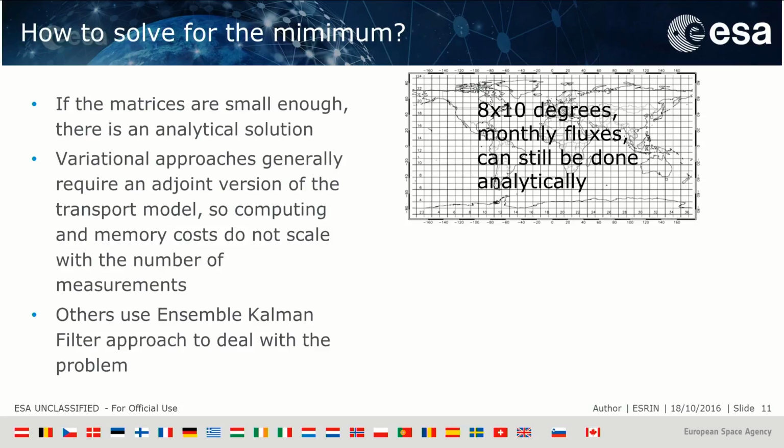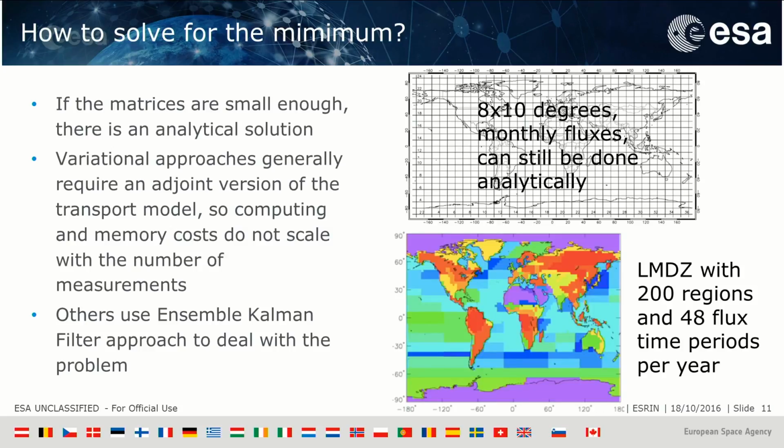So if you have a lot of measurements, an adjoint is saving you a lot of computational time and space. But this also means you have to have an adjoint of your model. Others use something like the ensemble Kalman filter, where you don't necessarily need an adjoint, but you have to have many, many forward iterations to create this ensemble. This is another example of one that is solved with an analytical solution.